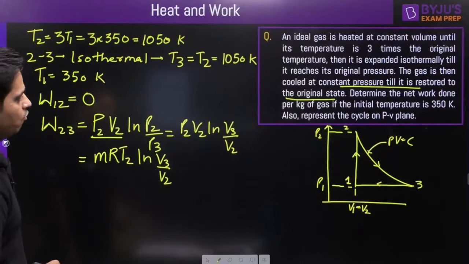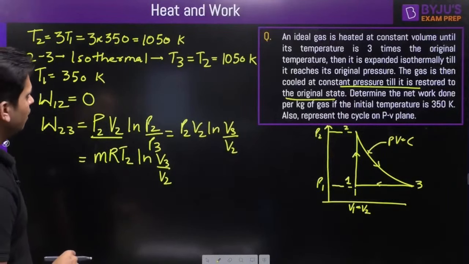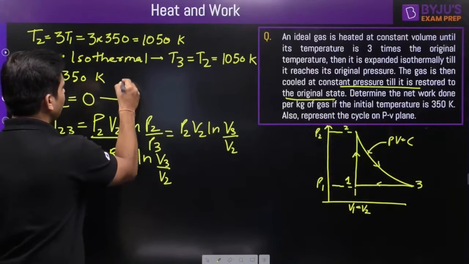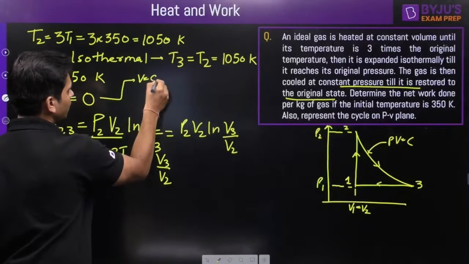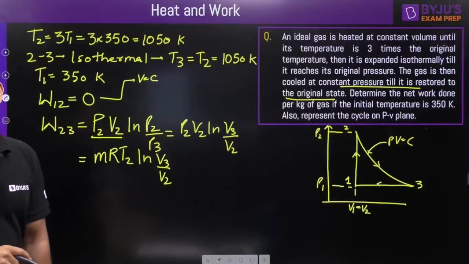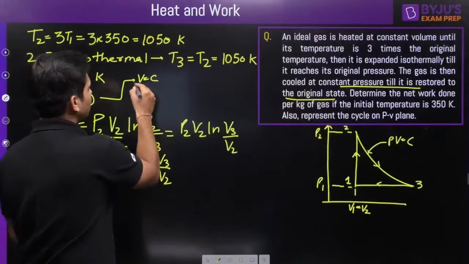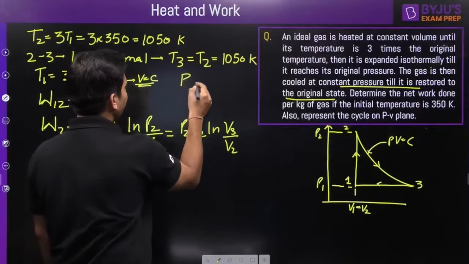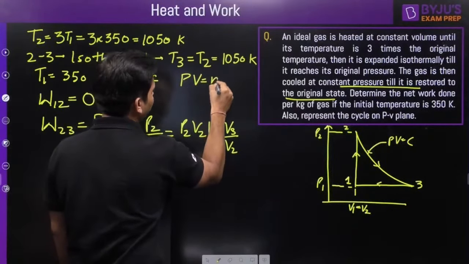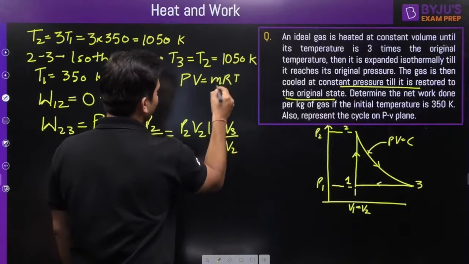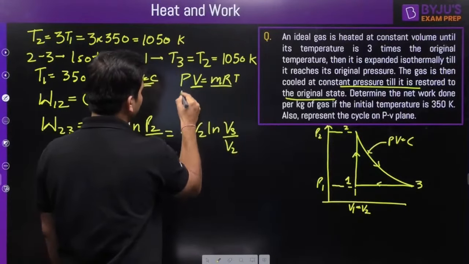Now, what do I know? I know this is a constant volume process, yes. So when it is constant volume, can I say PV is equal to mRT? m and R are constant, volume is constant.